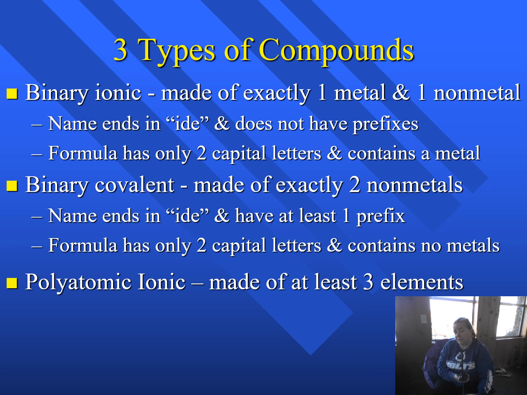These are probably the easiest to tell by name or formula. If you're looking at the name, the majority of them, there is 1 or 2 that end in "ide," which really messes things up, like hydroxide that you memorized, but other than that, they pretty much end in "ate" or "ite."